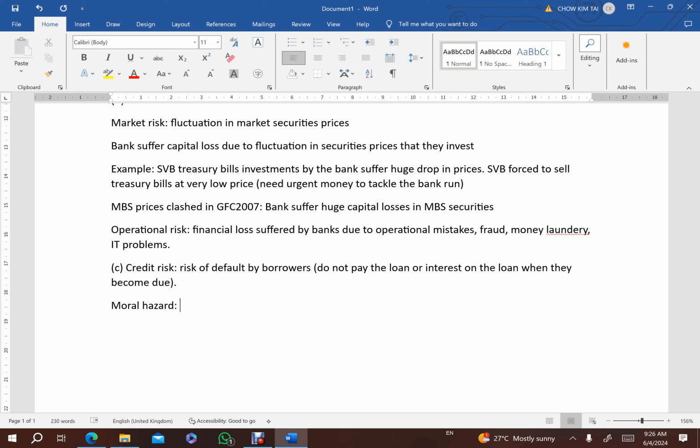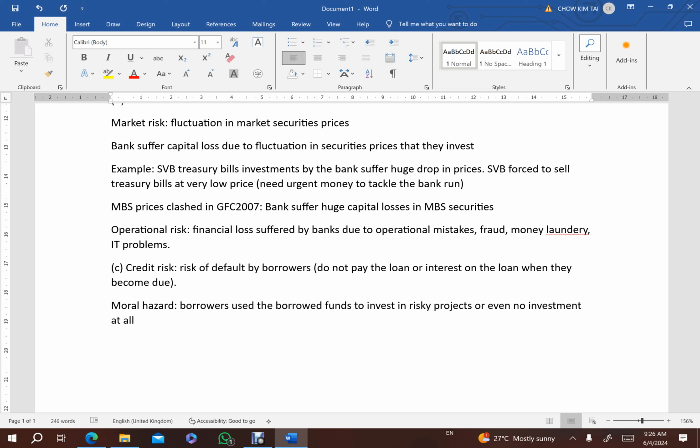The factory is just on paper. They don't build at all. So that's moral hazard, where the borrower uses the borrowed funds to invest in risky projects, or even no investment at all. The investment is just a lie to the bank.